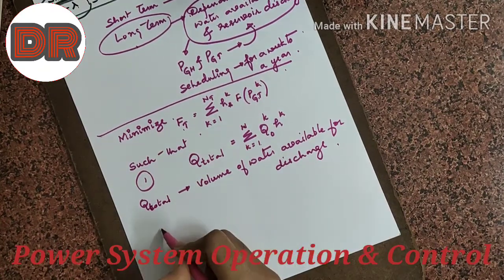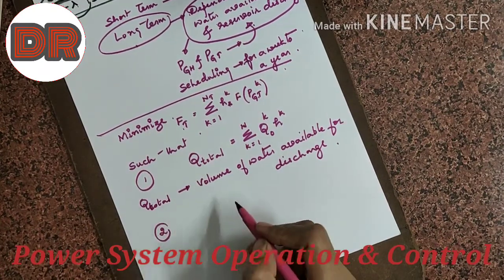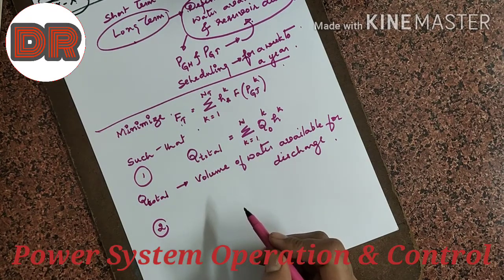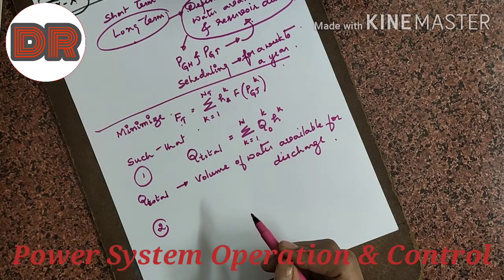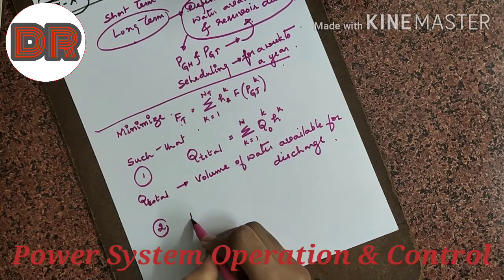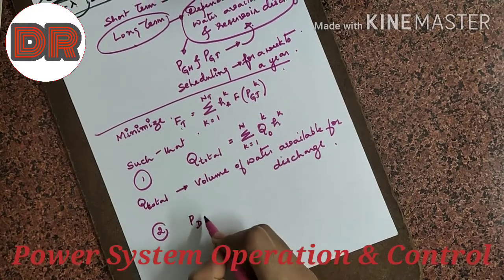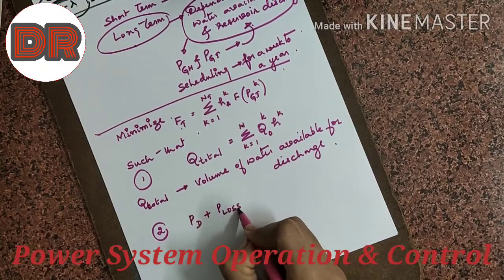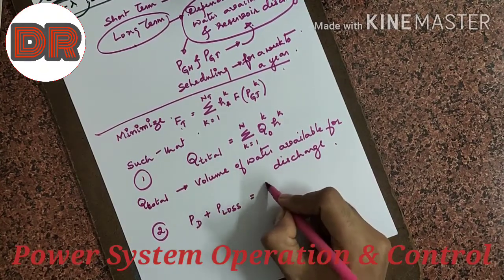The second constraint I am going to write here is the power balance equation. What is the power balance equation? Whatever power is generated will be equal to the power supplied. So this is the power balance equation. Let me write it in terms of the nomenclature. PD plus P loss will be equal to the generation. What are the generations?